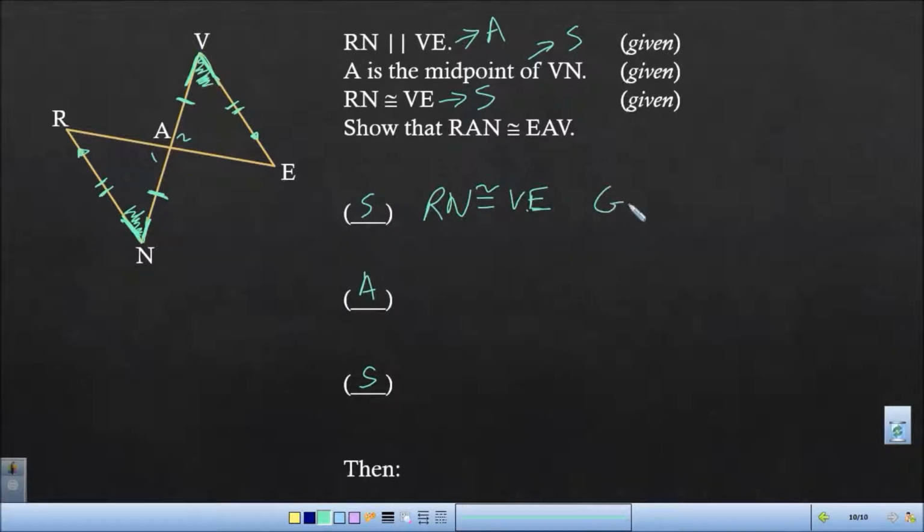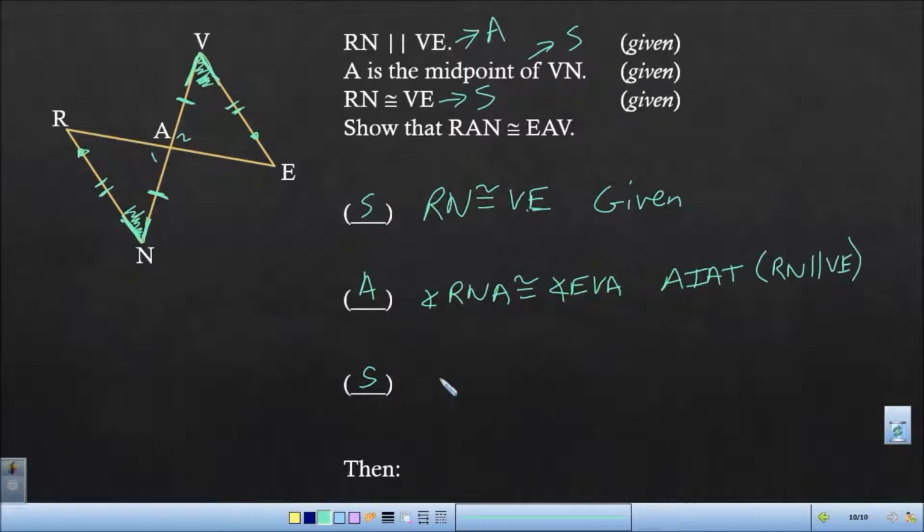given. We have angle RNA congruent to angle EVA. This is an alternate interior angles theorem because RN is parallel to VE.